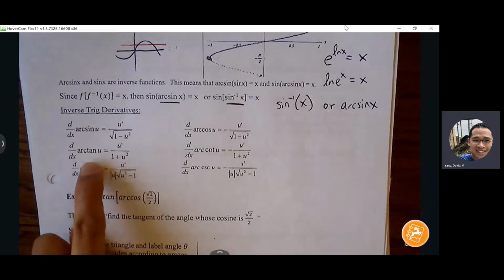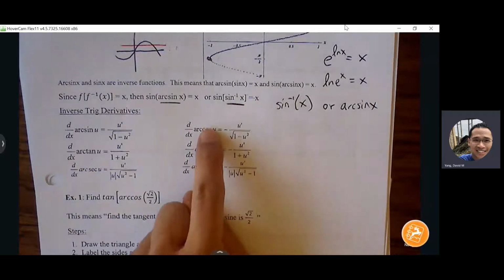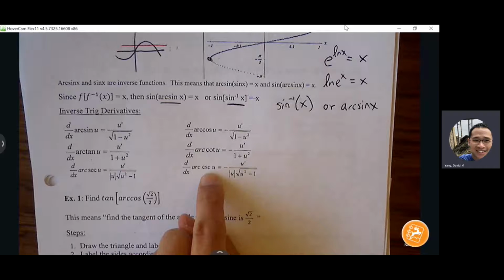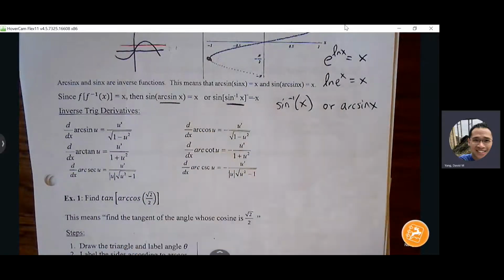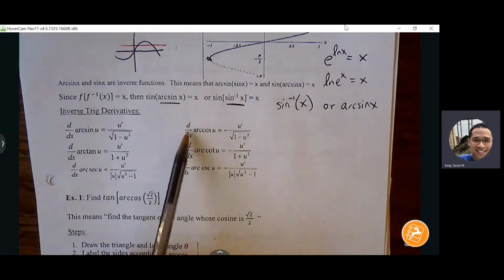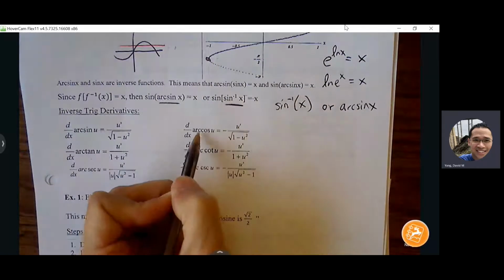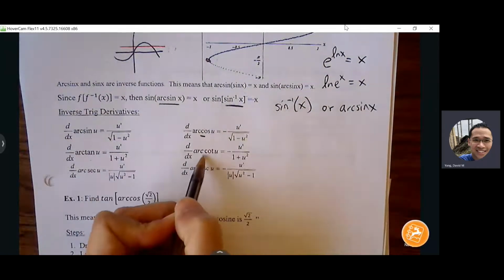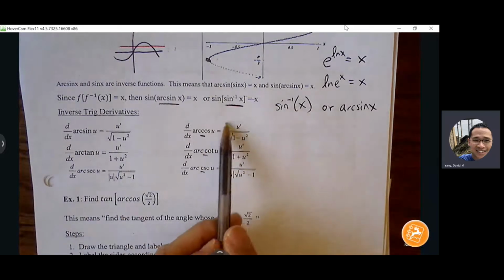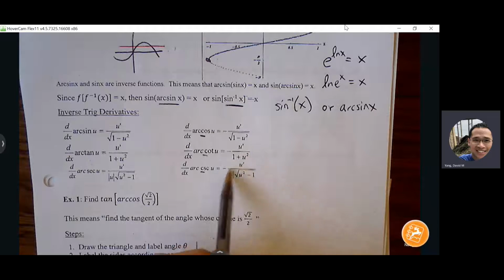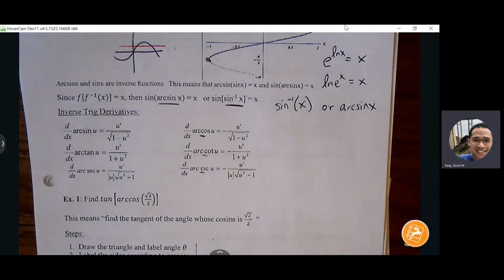Sine, tangent, secant, cosine, cotangent, cosecant. But instead, we just put arc in front of it. Similar pattern in the sense that all the arc trig functions that start with c are still going to produce negative derivatives. So that's a nice carryover from the original 6 derivative rules.